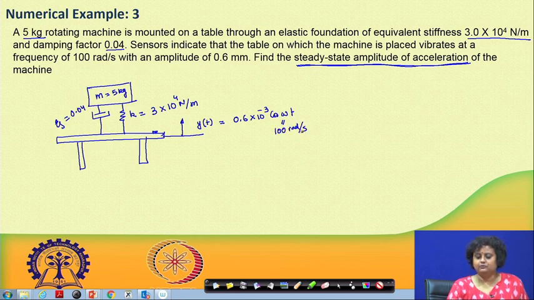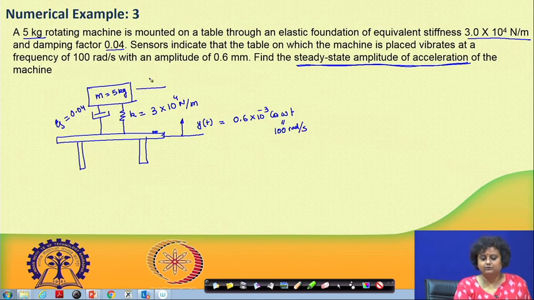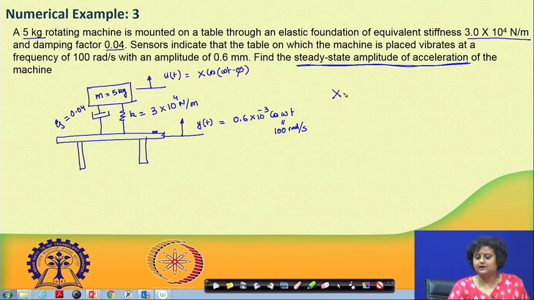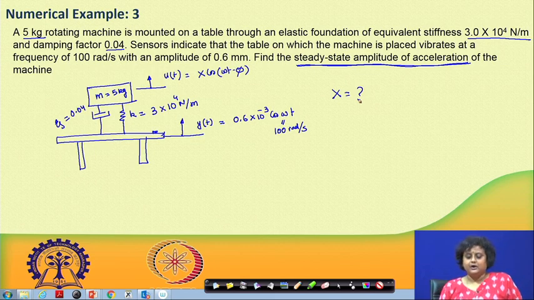So, we have to find out the steady state response u(t), which can be written as x into cos(omega t minus phi), and we need to find out x. So, that is the problem given here. We have done the theory of this problem earlier.